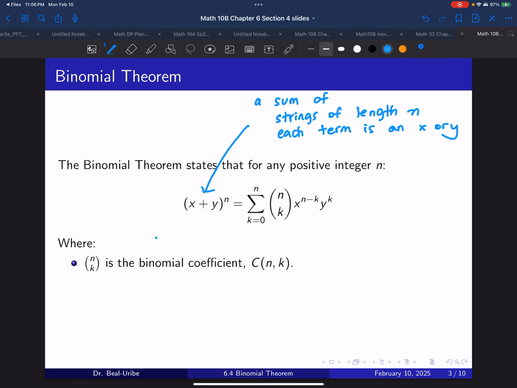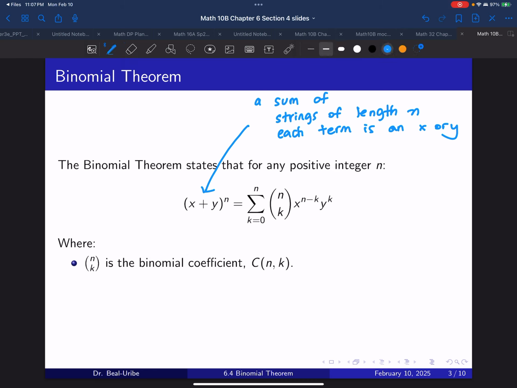So if I have all x's, now I'm going to simplify that and write that as x to the n. If I had like one y and the rest are x's, right? That would be x to the n minus 1 times y, yeah? So that's the left-hand side.